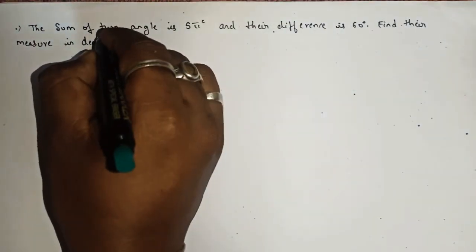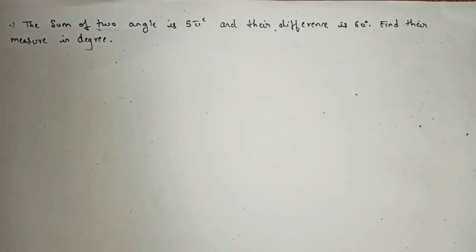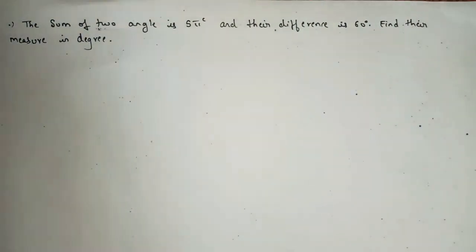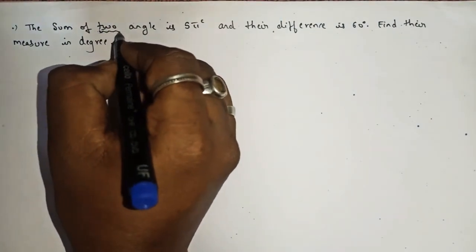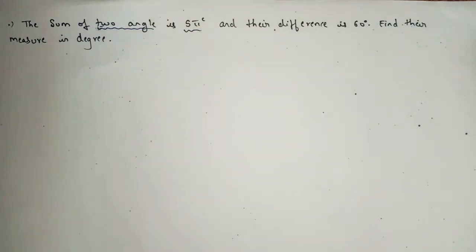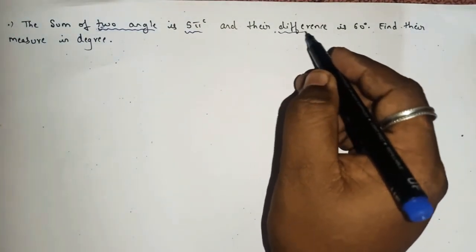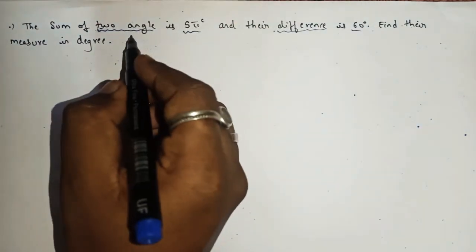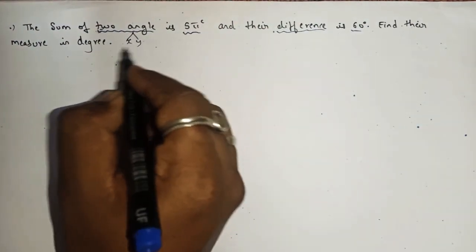Simply it says that the sum of the two angles is 5 pi radian and the difference is 60 degree. So we'll consider the two angles as x and y.